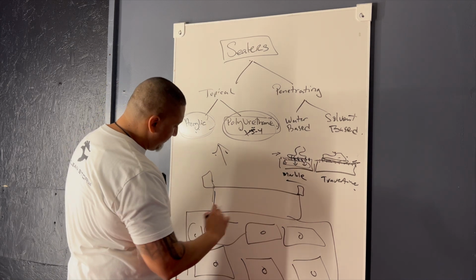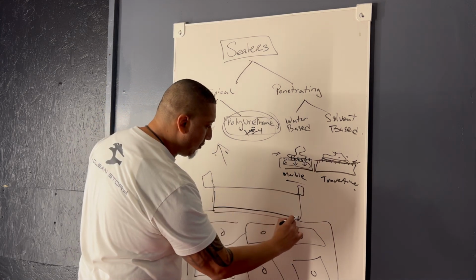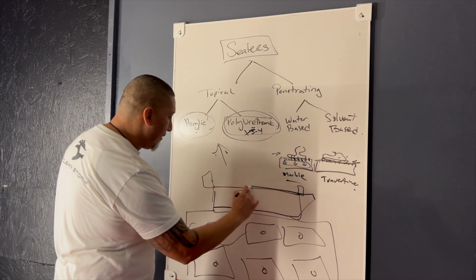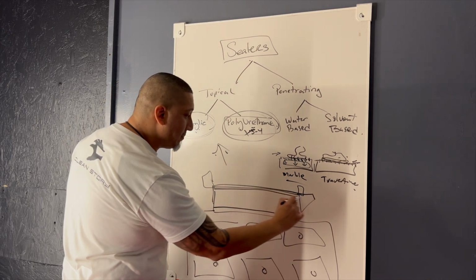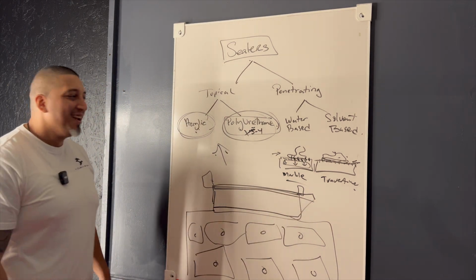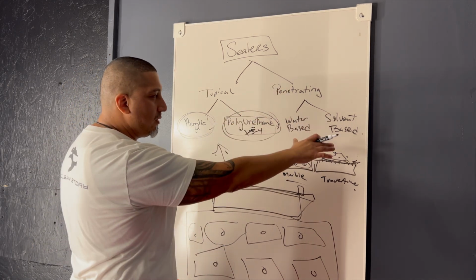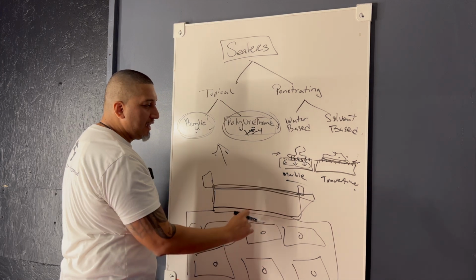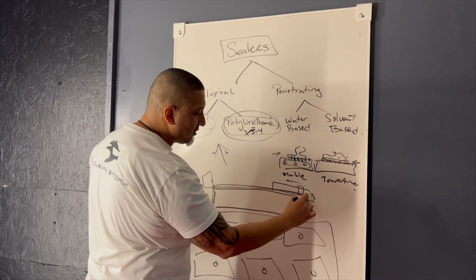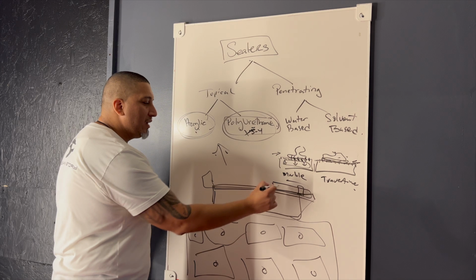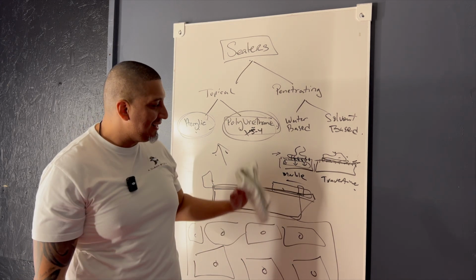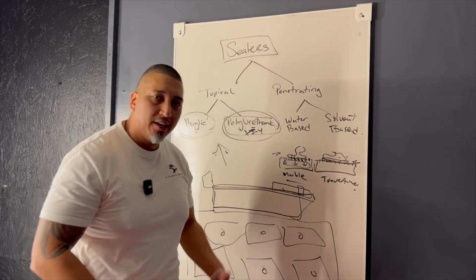Over here, let me see if I can make a little profile, make it look a little better. That didn't help very much, but there's the countertop. All right, so if you have a water-based or solvent-based product, whichever one you want to go with, on your countertop, it's going to create an etch over here. Now, when it creates that etch on the side that just has a penetrator, it's restorable.